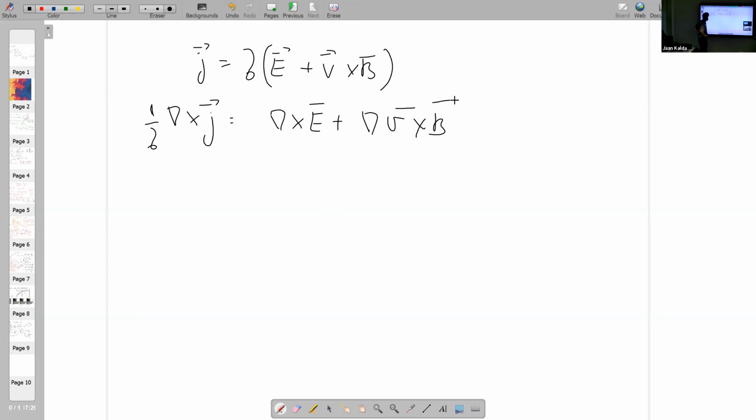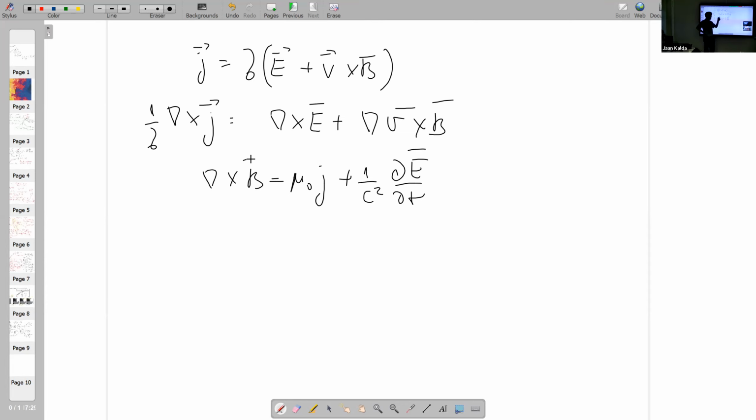And then, what is curl of J? We have now the expression curl of B equals mu naught J, and in principle I would also have 1 divided by C square dE over dt.